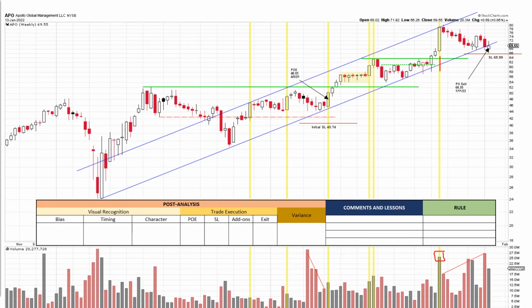So there's sellers that are also coming in and absorbing this demand, and it's occurring right at what we call the supply line, the upper blue channel line here. And after that, price is unable to follow through to the upside.